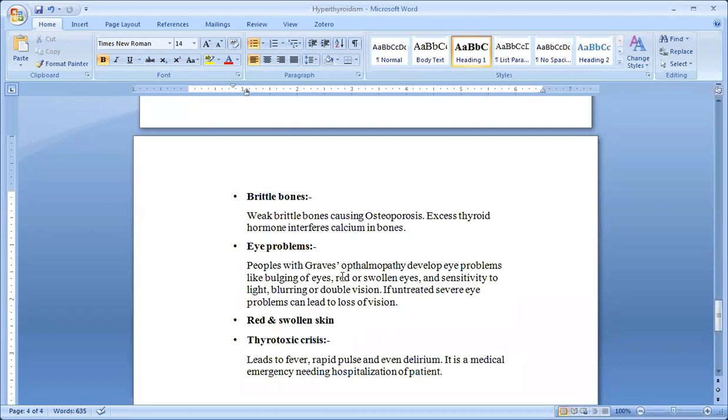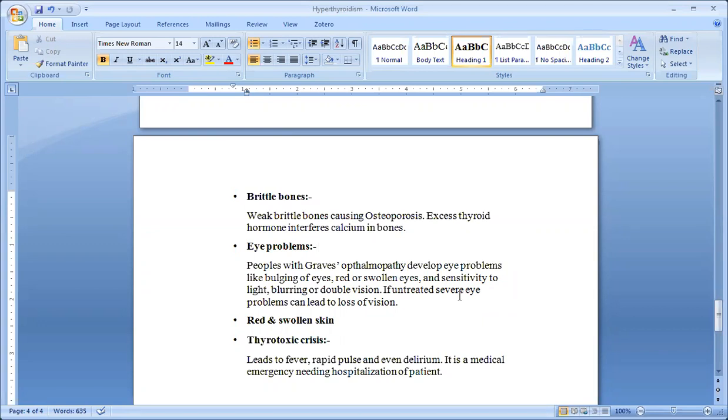See, in Graves' disease, ophthalmopathy will develop. Means what? In Graves' disease, protruded eyes are the main sign. Okay, due to hyperthyroidism, due to hypersecretion of T3 and T4: bulging of the eyes, redness of the eyes, swollen eyes, sensitivity to light, blurred vision, double vision.